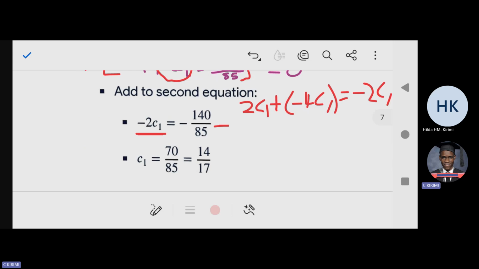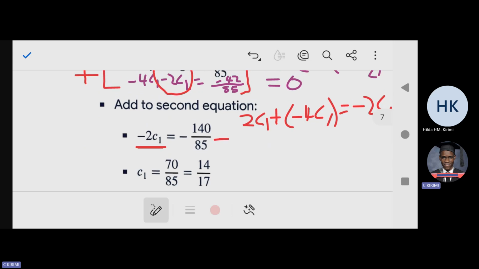Dividing by 2 is the same as multiplying by what? By half. Is that not so? Yeah. Dividing by 2 is the same as multiplying by half. So here I multiply by half. On the right-hand side, I multiply by 1 over 2. Also on the left, I multiply by what? 1 over 2. But because there's a negative, I must also put a negative.